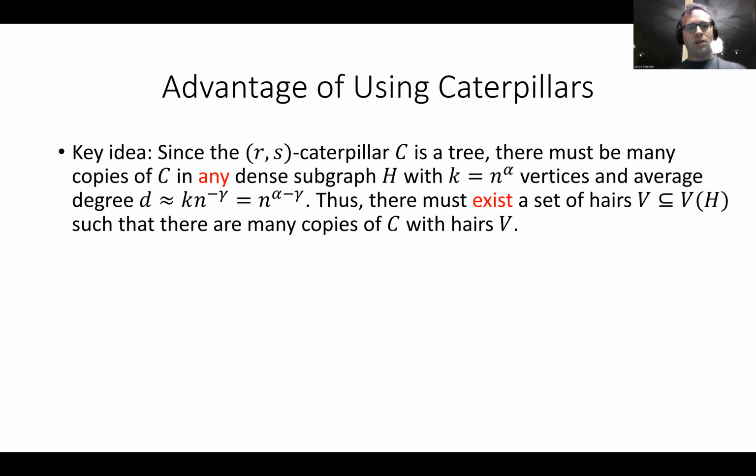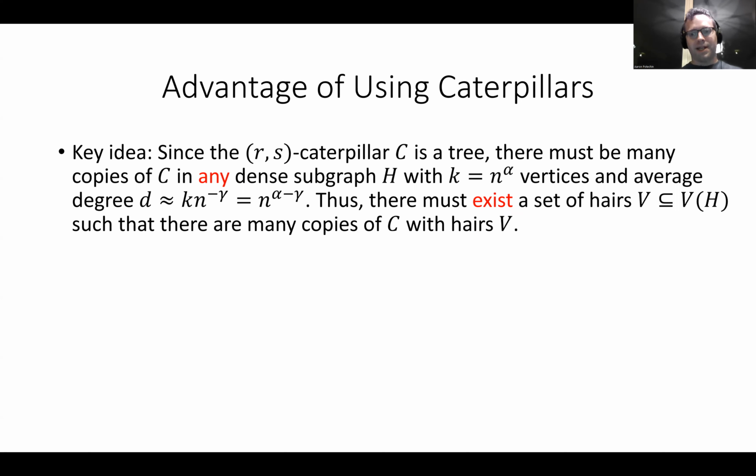So why do they use these RS caterpillars? The key idea is that since the RS caterpillar C is a tree, there must be many copies of C in any dense subgraph H with k equals n to the alpha vertices and average degree d approximately equal to k times n to the minus gamma.